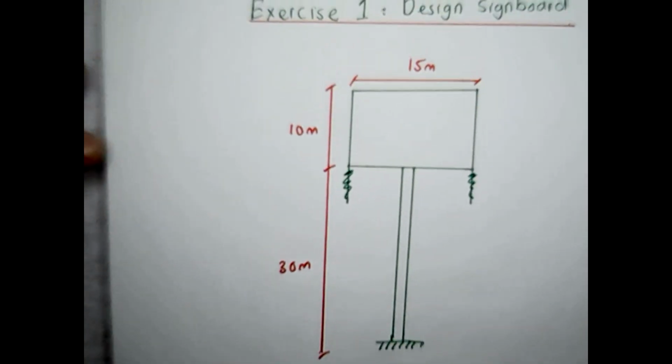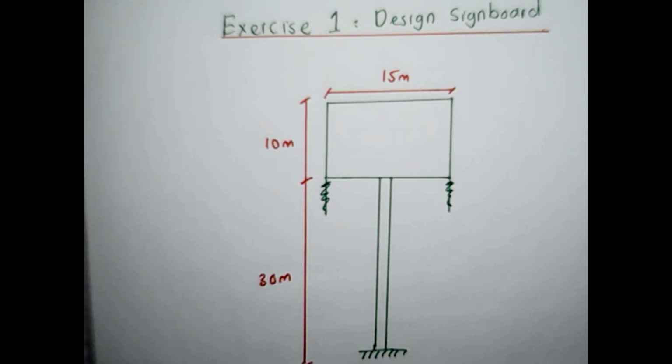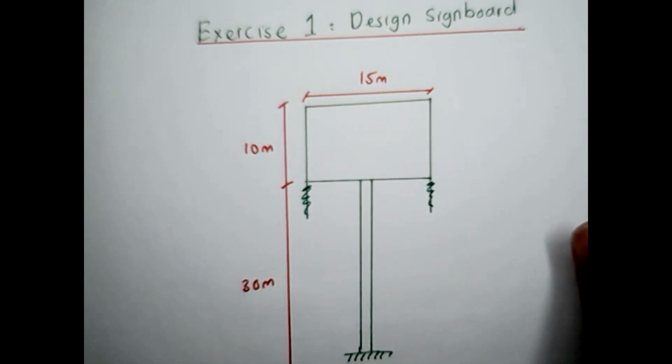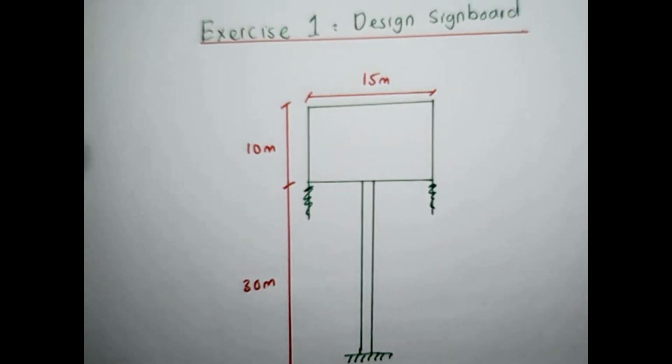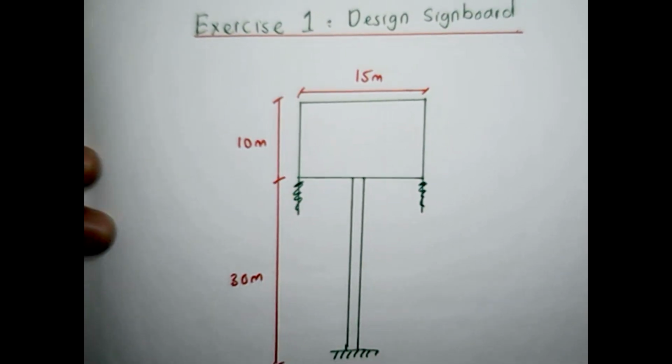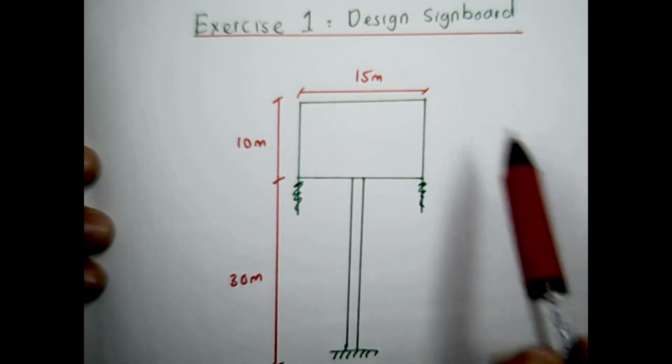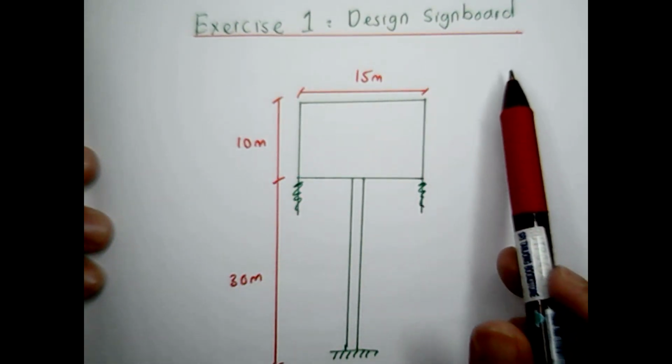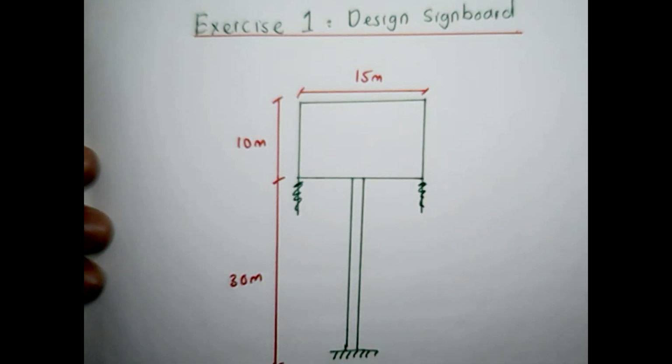Okay, so to see your level of understanding, now I give you a simple exercise, which is to design a signboard. The concept, procedures, and so on are the same as what we have learned in the examples.